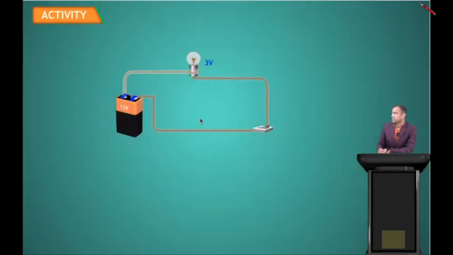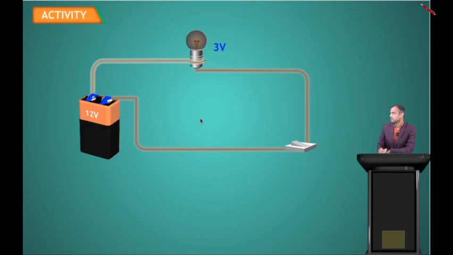So here is an activity. Here you can use an electrical bulb, a battery and a switch. If you power on this circuit, you can see there is an excess current. Why? What is the voltage of the bulb?